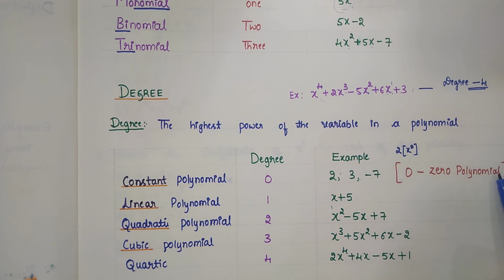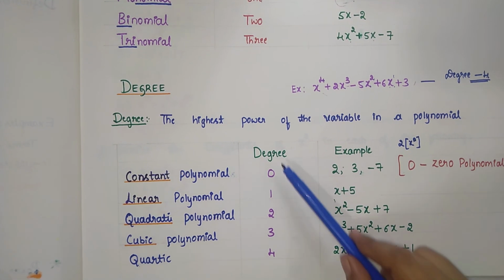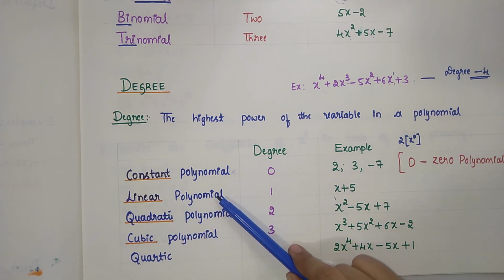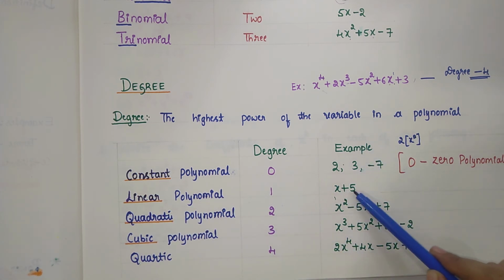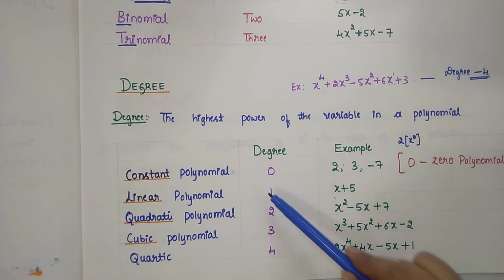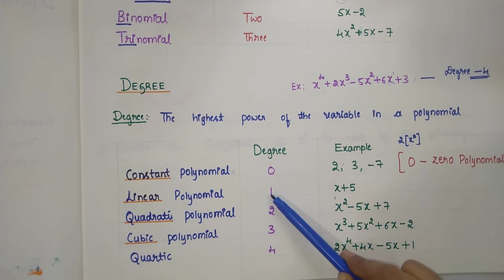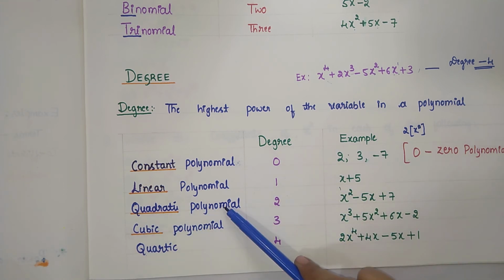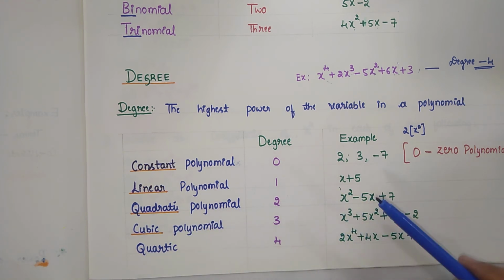as the zero polynomial. And if the degree of the polynomial is 1, we will call that as linear polynomial. I have taken one example here, x plus 5. X power 1 we have, so the highest power of the variable is 1. So degree is 1, then we will call that as linear polynomial. Similarly, if the degree is 2, then we will call that as quadratic polynomial.